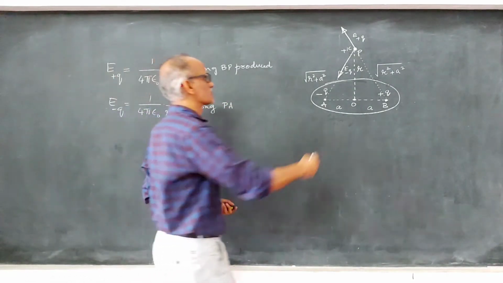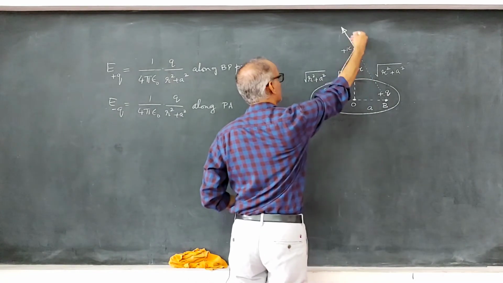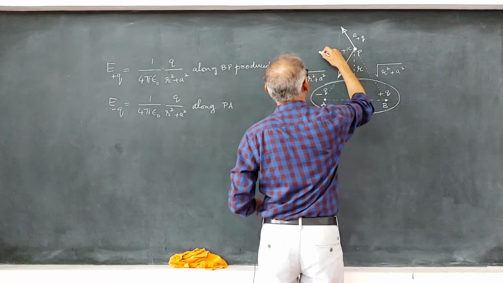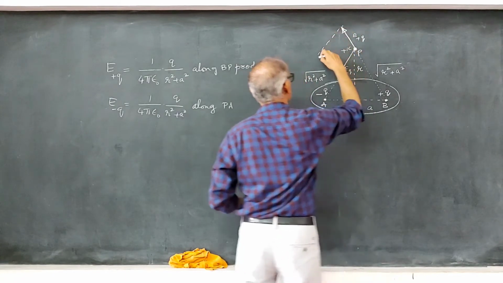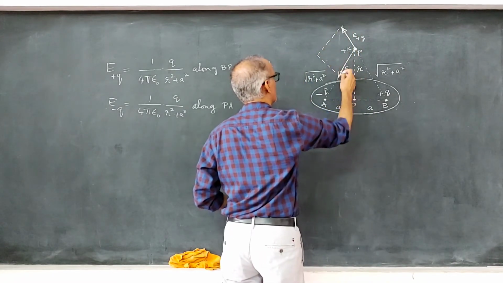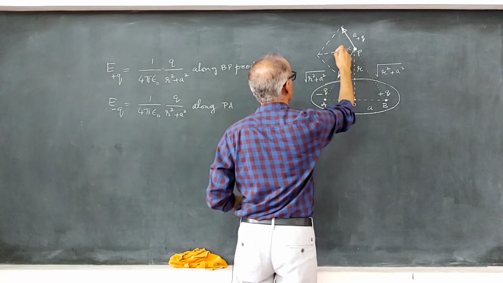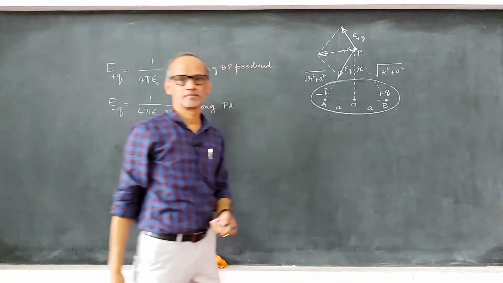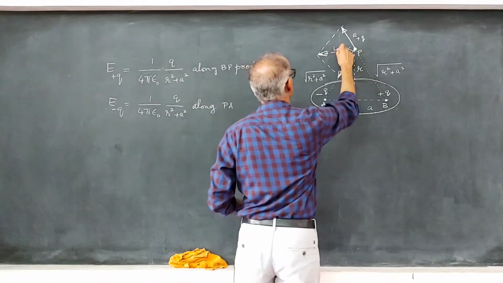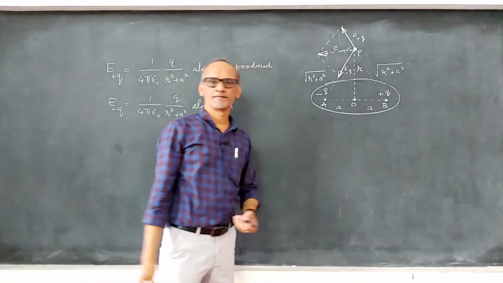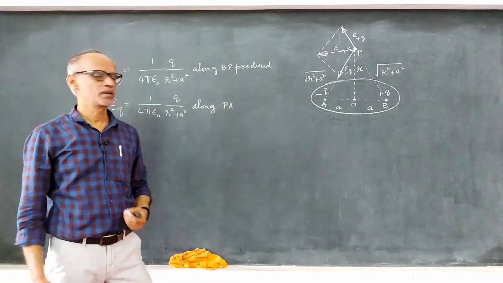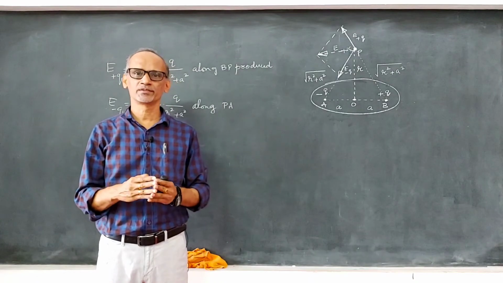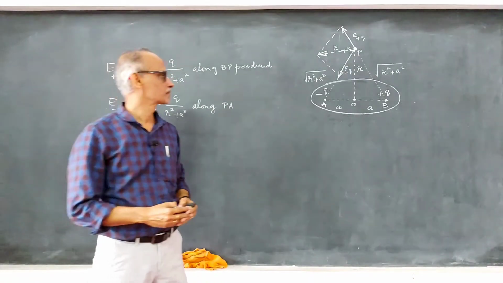So now we have two vectors. One vector is here. The other vector is here. So we have to find the resultant. To find the resultant, we construct a parallelogram like this. And then we get the resultant here. This will be the resultant, which is E. Now to find that resultant, I'm going to use resolution of the vectors, splitting of a vector into two components.